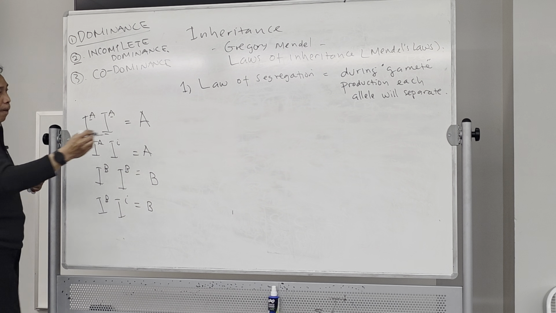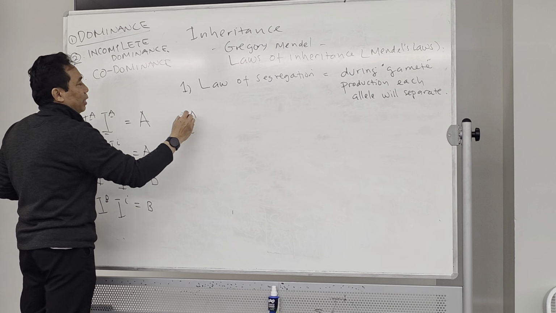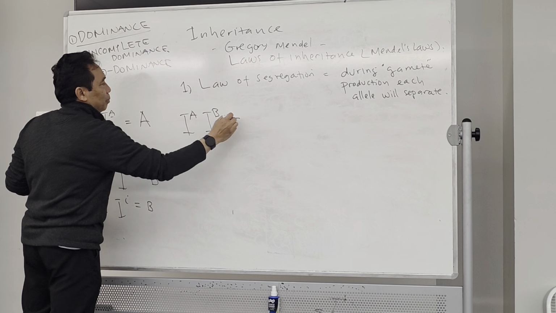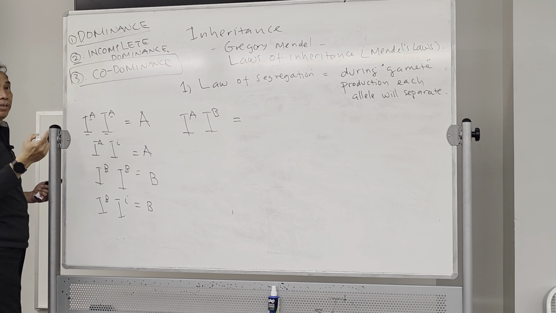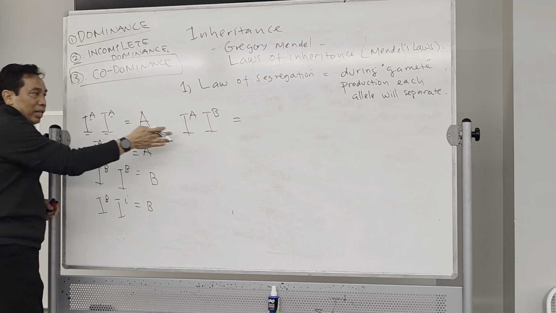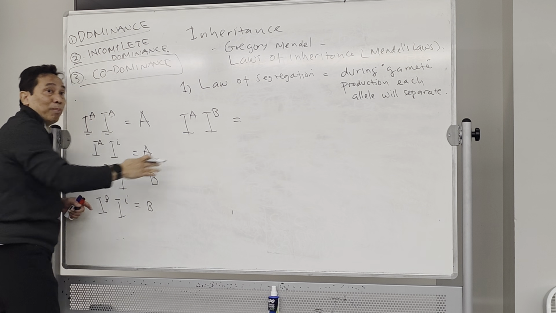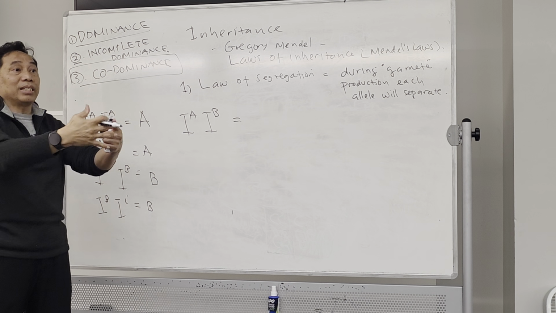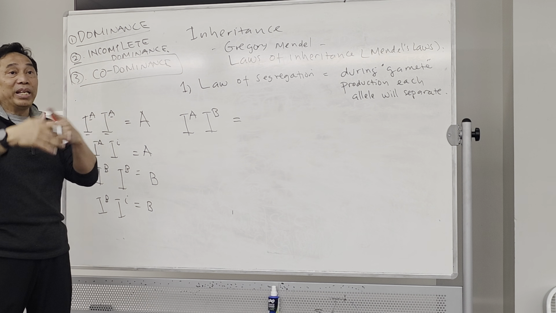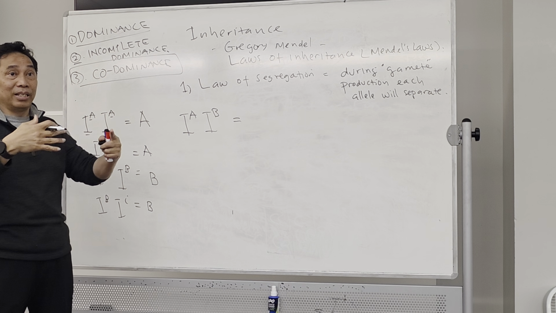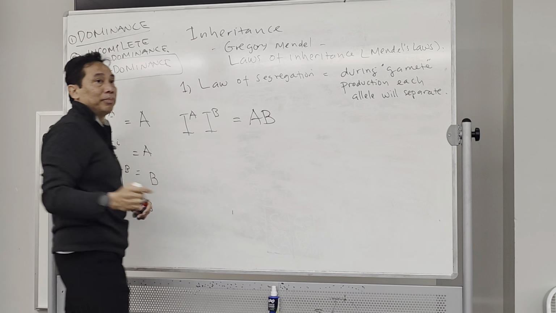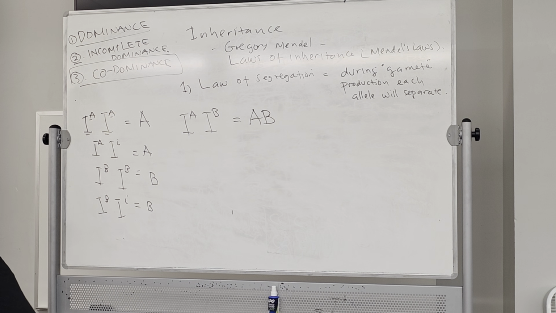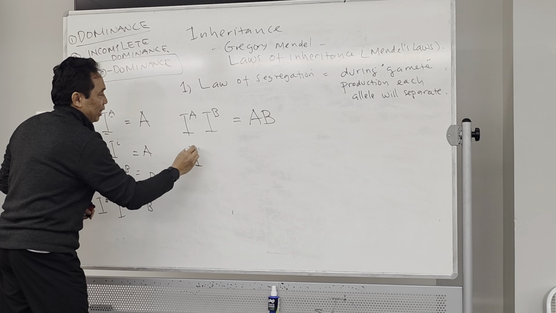Okay, now this one over here, this is when codominance is happening. This is not A, this is not B, but both of them are actually present. It's not intermediate, but both of them are present. So this person has AB blood type. And the last one looks like this.